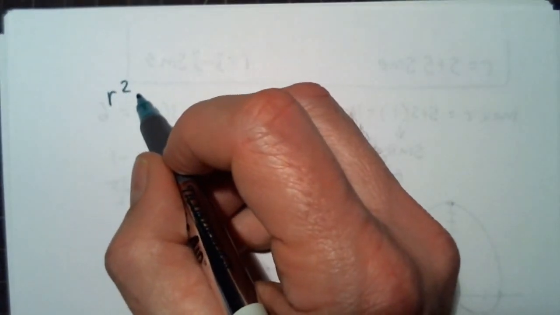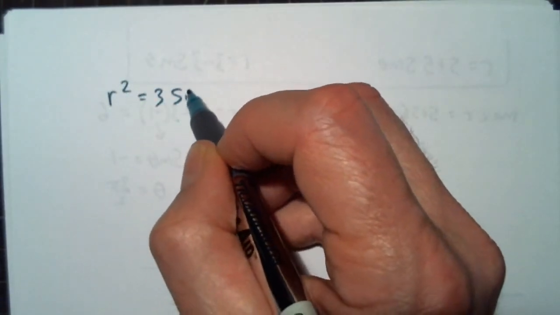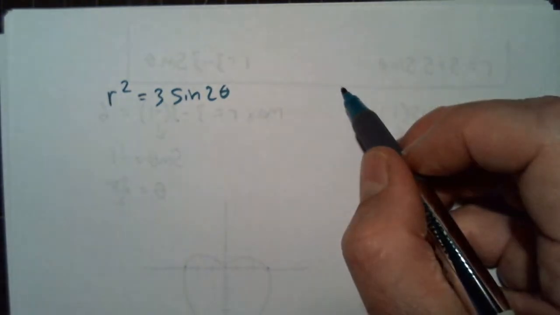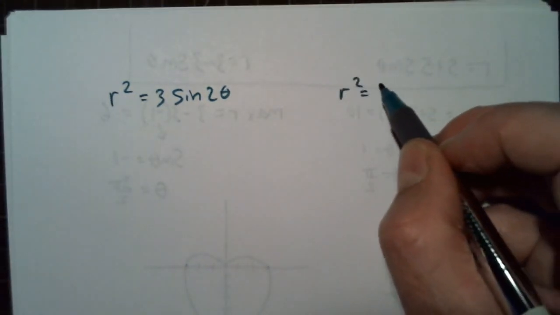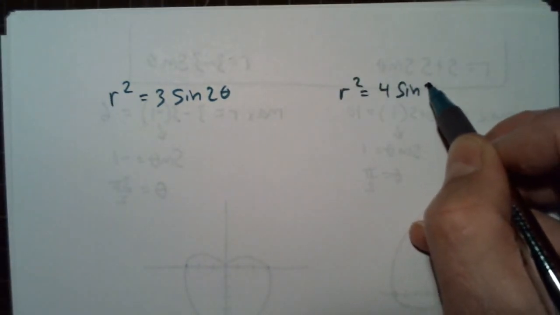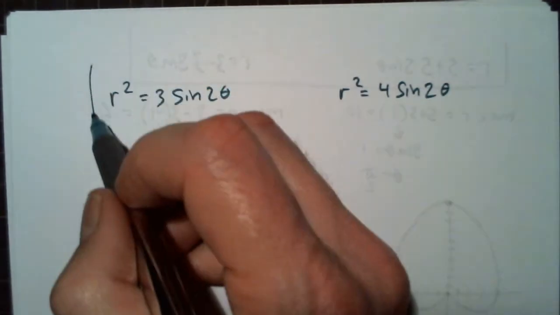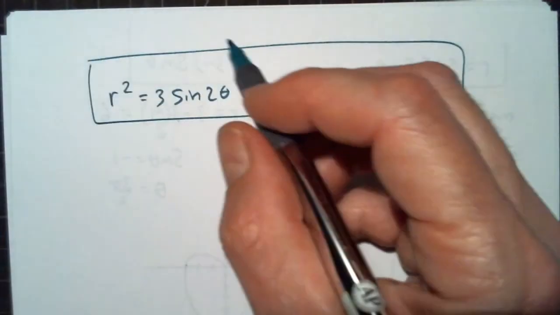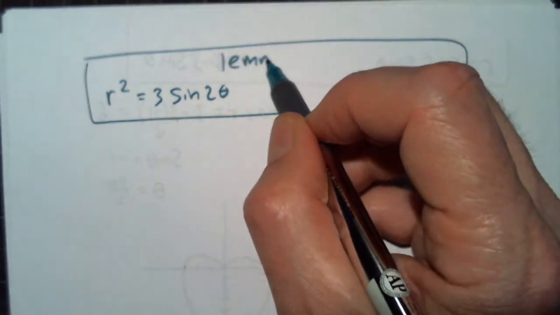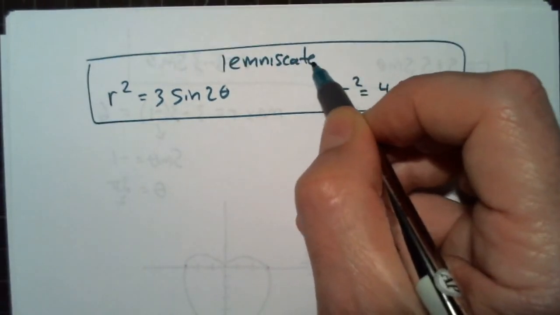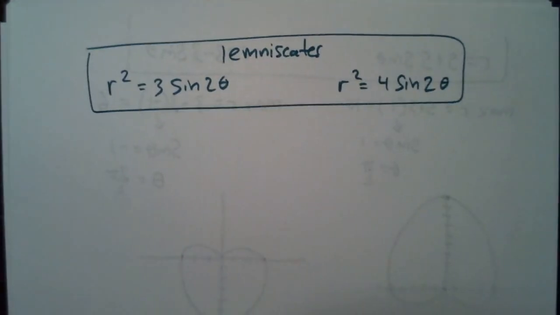Okay, and the last ones, we're not going to do much variation to the sketches, or to the types of equations. These are called lemniscates.